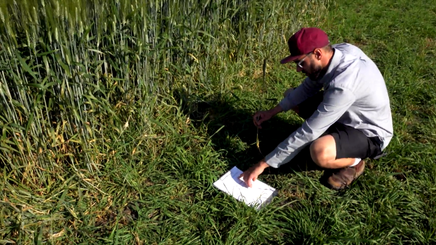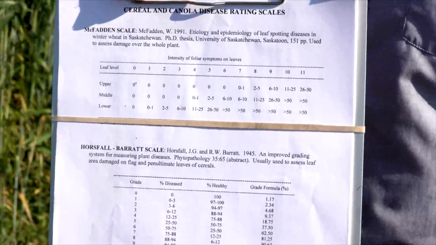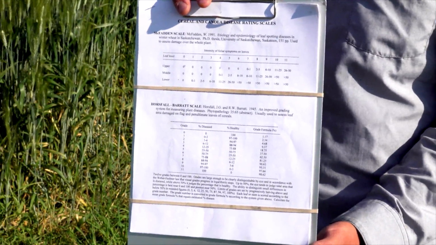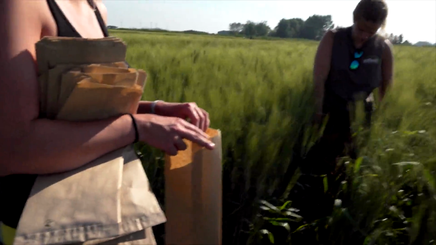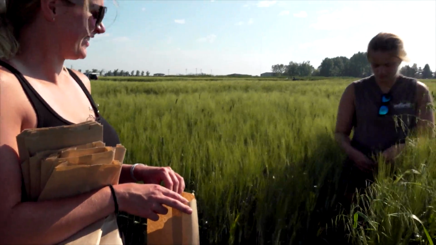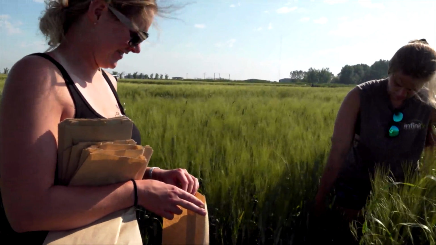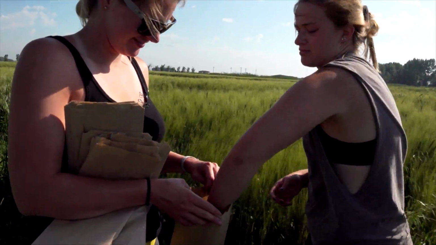We've got a scoring scale here, and I think I'm going to give this plant an 8. We're going to do a whole bunch of these ratings. Some diseases are going to be windborne and blow in, others are going to be residue bound, so this is going to give us an overall idea of the disease load within each treatment.